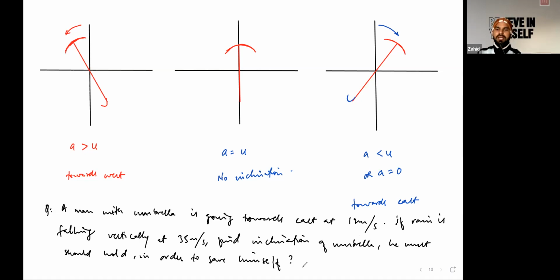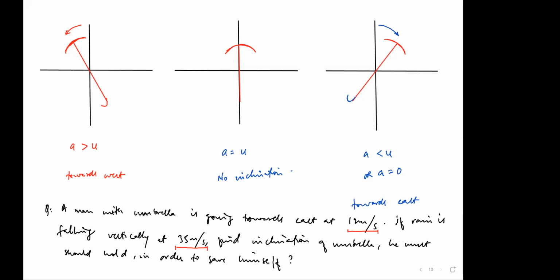So in this part, we only have two components. One is the velocity of man, that is u, and next is the vertical component of rain, that is b. So a in this part is 0. So this would be the third case. So the umbrella should be held towards west at some angle phi, for which tan phi will be equal to u by b. Ifra, is it clear? Yes, yes, sir.